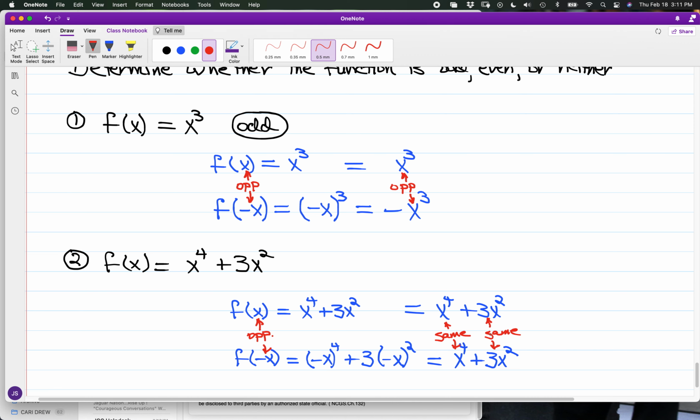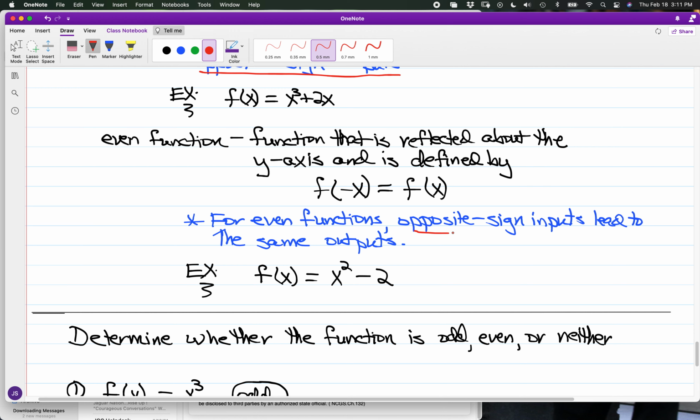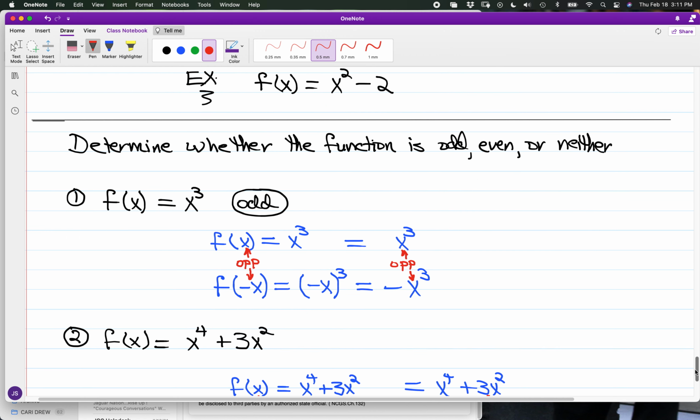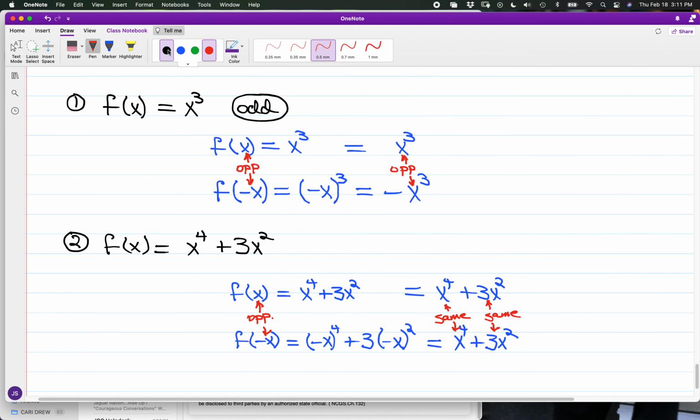For even functions, opposite sign inputs lead to the same outputs, and so we have the same throughout. So this is going to be a case of an even function.